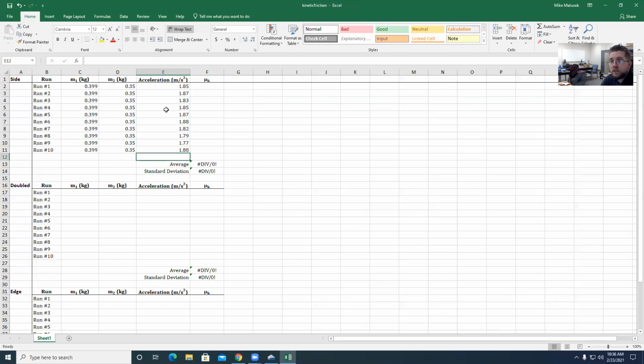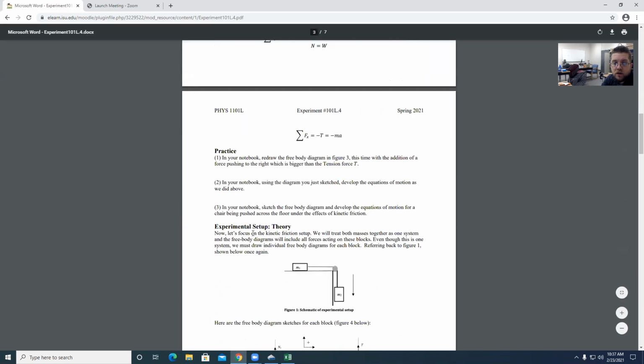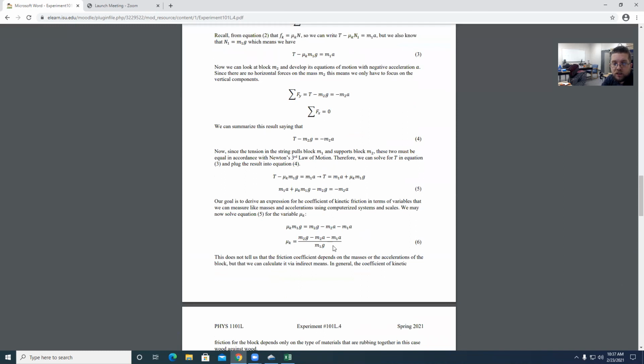So here it is, folks. I did the 10 runs, and these are the results I got for the slopes on the acceleration of that block. So at this point, you have your mass 1, you have your mass 2, you have your acceleration, and all you need to do is then calculate the value of μk using the equation found on the procedure, equation number 6 here.